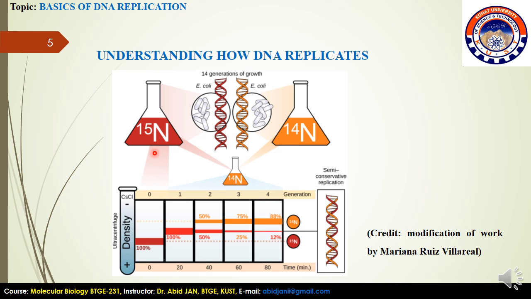Meselson and Stahl experimented with E. coli grown first in heavy nitrogen 15N, then in 14N.